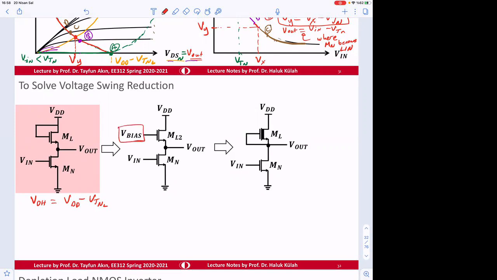You know, if we increase that gate voltage instead of VDD, V bias, which is VDD plus VTNL, then V out, the output high, becomes VDD. Okay.